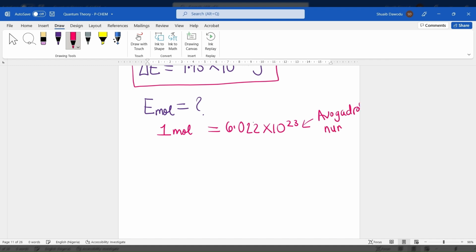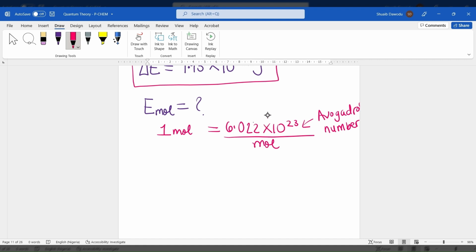This was done in Gen Chem and also in elementary chemistry. The unit for Avogadro's number is 1 over mole, or mole raised to the power of negative 1.